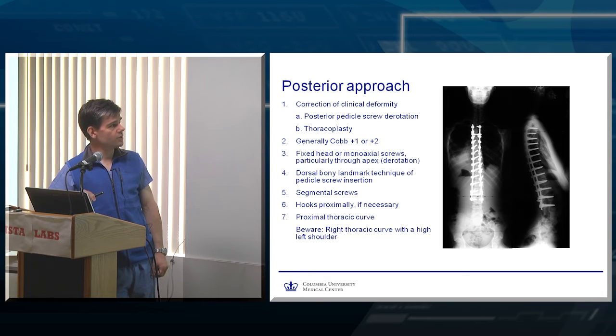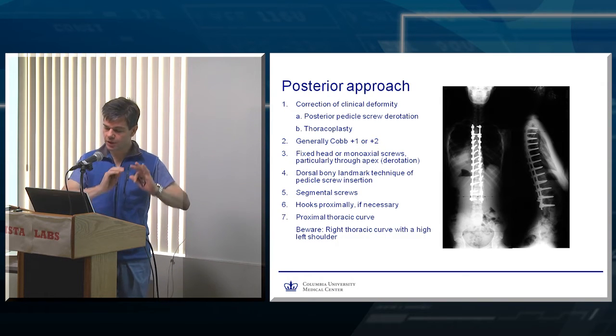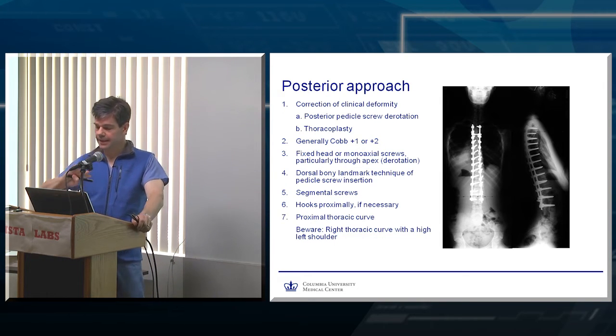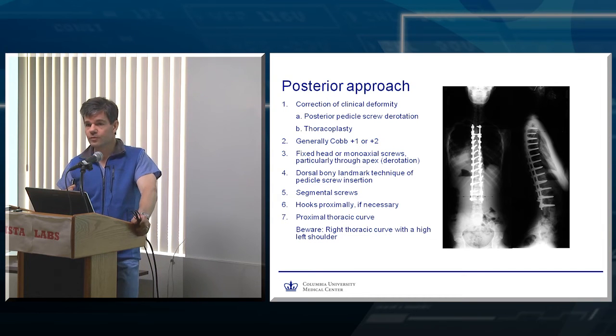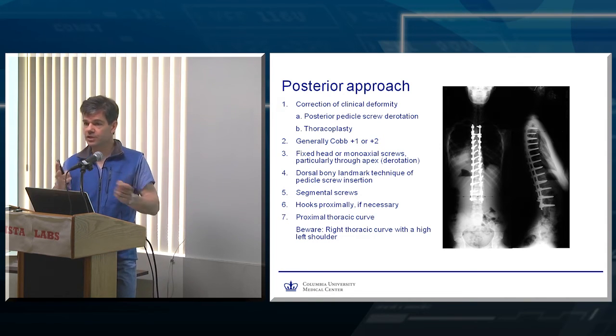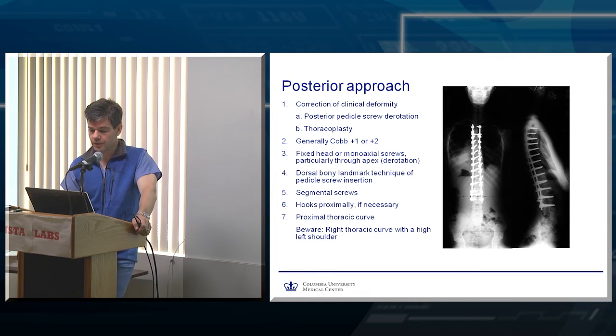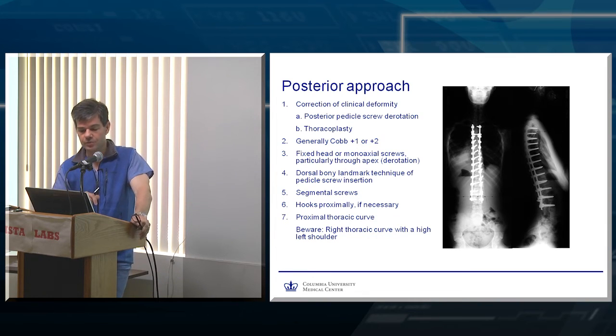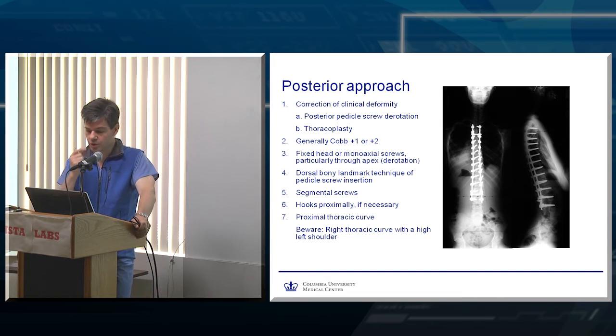So with derotation, where we're actually spinning the vertebra in space, that leads to significant improvement in the posterior rib hump in particular. We can also, if necessary, and we rarely do this, do a thoracoplasty where we resect the apex of usually 3 to 5 ribs that are maximally deformed to reduce that posterior rib hump.